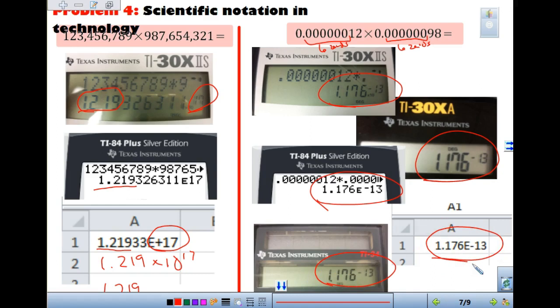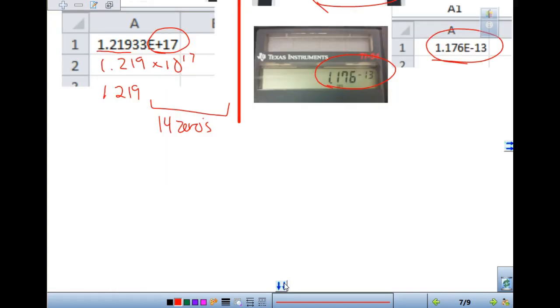Okay? You want to make sure you understand that if you were looking at this on your calculator and you put down this for an answer, Sean and Elijah, I would mark it wrong, right? This is not the answer. 1.176 negative 13, this is not raised to the negative 13.